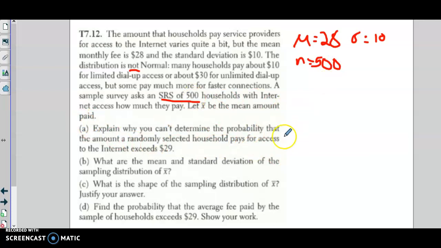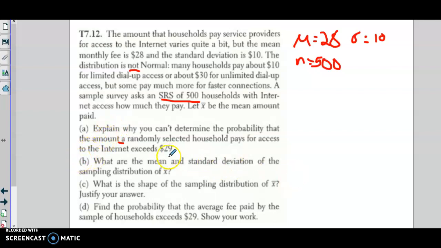Explain why you can't determine the probability that the amount one randomly selected household pays for access to the internet exceeds $29. I can't find this probability because I'm not told anything about the distribution. I'm told specifically it's not normal, so that means normalcdf's out. And I really don't have anything else to work with, so I can't find that probability.